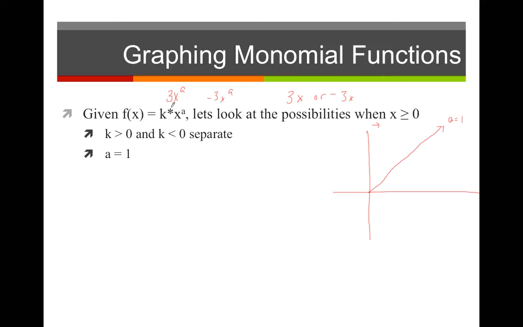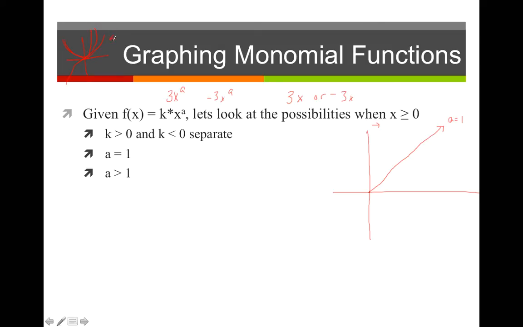And what we need to look at is what happens when a gets bigger. So if a is bigger than 1, you get things like 3x squared, or 3x to the third, or 3x to the fourth. A quadratic looks like this. A cubic looks like this. A quartic looks like this.